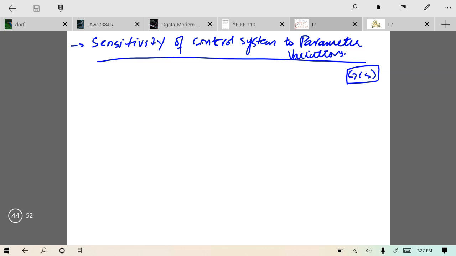For example, to explain this, I can write that Y of s in a closed loop system that we have just written was G of s over 1 plus G of s into H of s, into R of s.